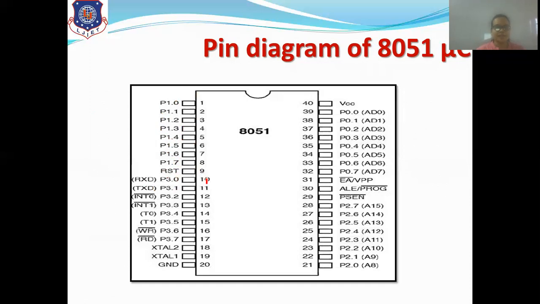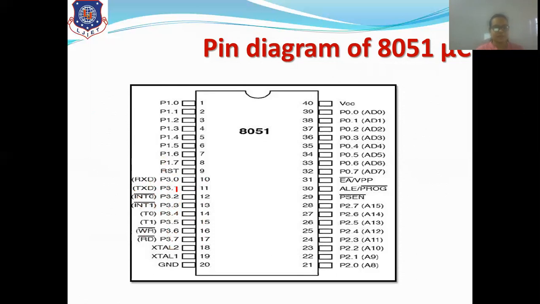Clear? From 10 to 17 it will have port 3, that is port 3.0 to port 3.7. This will work as the input output port, and it will have alternate functions as well. What are the alternate functions? At 3.0 it is RxD for serial receiving.